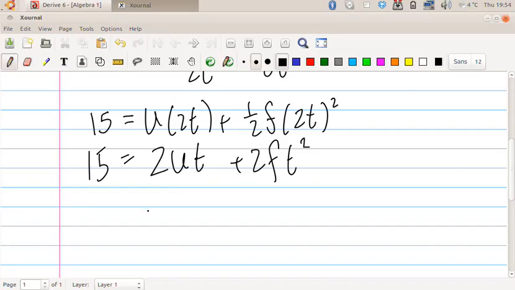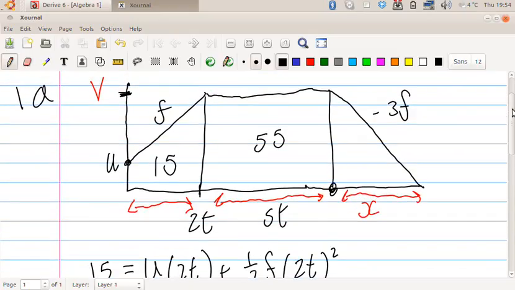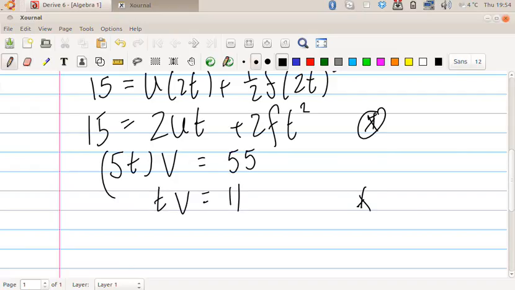I can't really do anything else with that, so we can park it. The next one just says 5t times v is 55. I should cancel by the 5, so tv equals 11. That's nice, and it lets you change t to v or v to t.